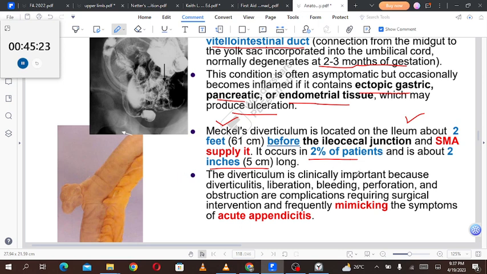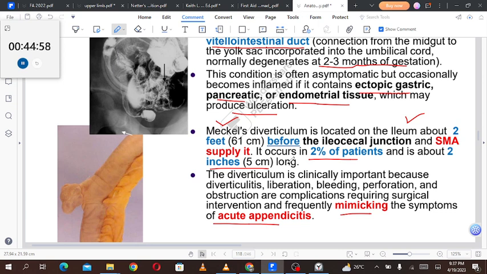Okay, the diverticulum is clinically important because diverticulitis, ulceration, bleeding, perforation, and obstruction are complications requiring surgical intervention, frequently mimicking the symptoms of acute appendicitis. Another thing about it is that it is a true diverticulum, which means that all 3 layers of the GIT lining will be outpouching.